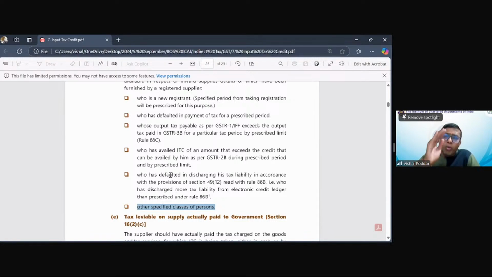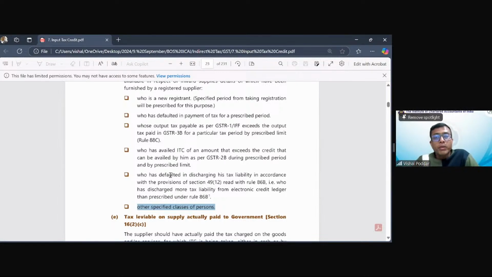Because understand one thing, in all these things, your supplier is doing something wrong. Now, how can you control your supplier from doing wrong? You don't even have any access to his books or what he is doing. Correct? Now, if he makes any small mistake and your credit gets blocked, it is such a big problem for you. Your supplier may be in some other state, maybe some 1,000 kilometers away. You cannot go and catch his collar and make him do the correct thing.